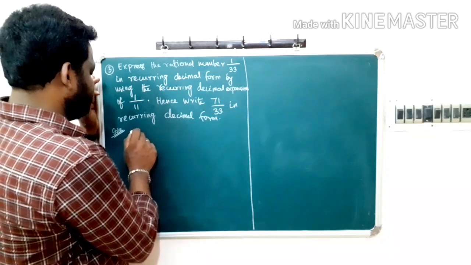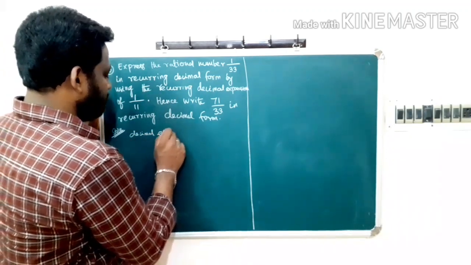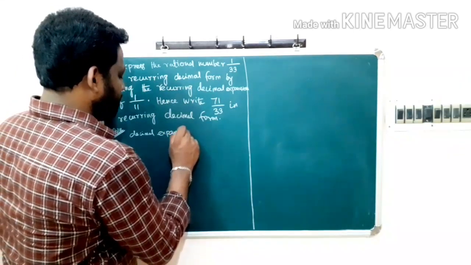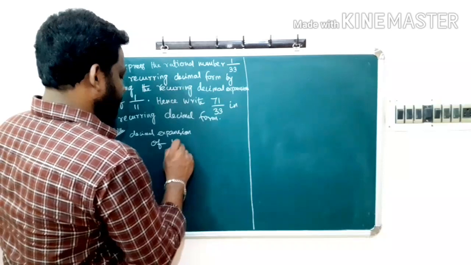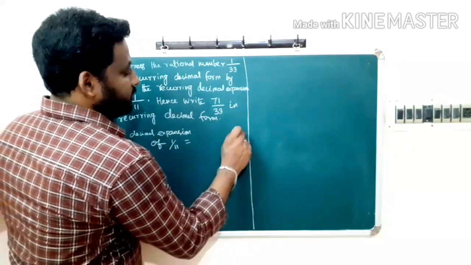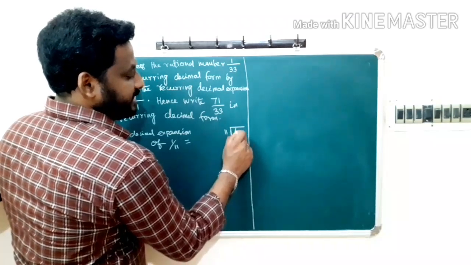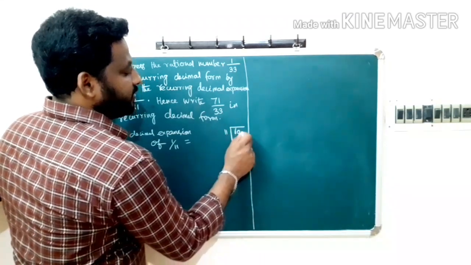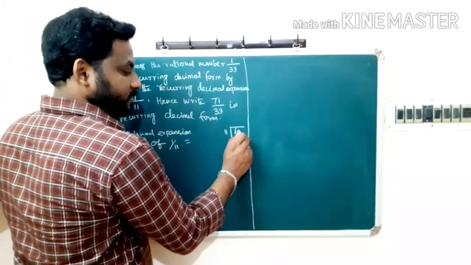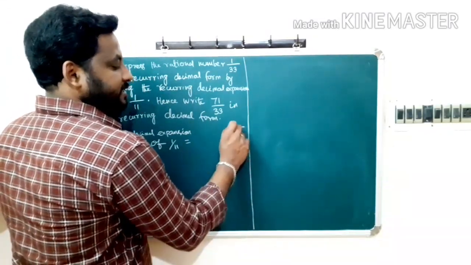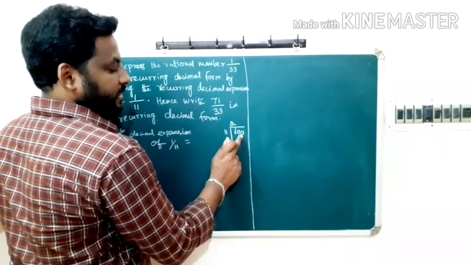So the decimal expansion of 1 by 11: 1 is divided by 11. We know that 1 is less than 11, so 0, and we add 0 here. 10 is also less than 11, so again we add 0, 100.